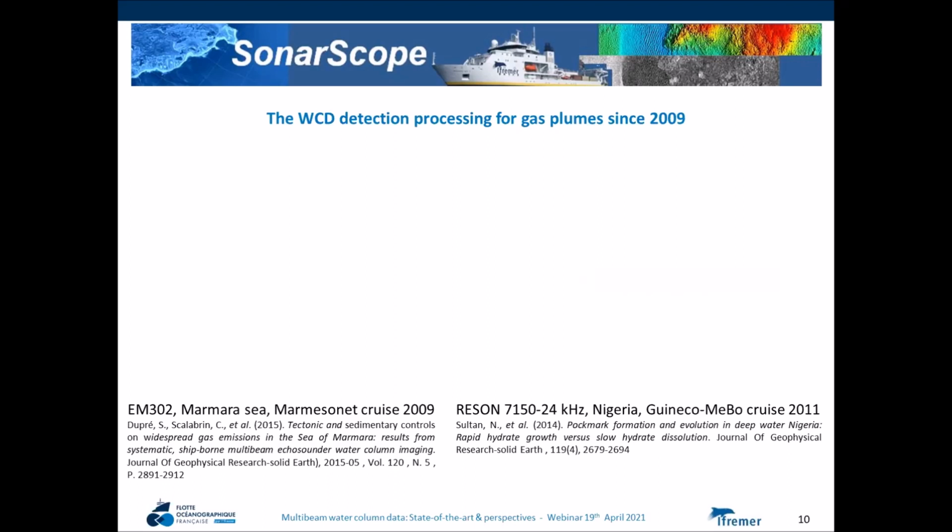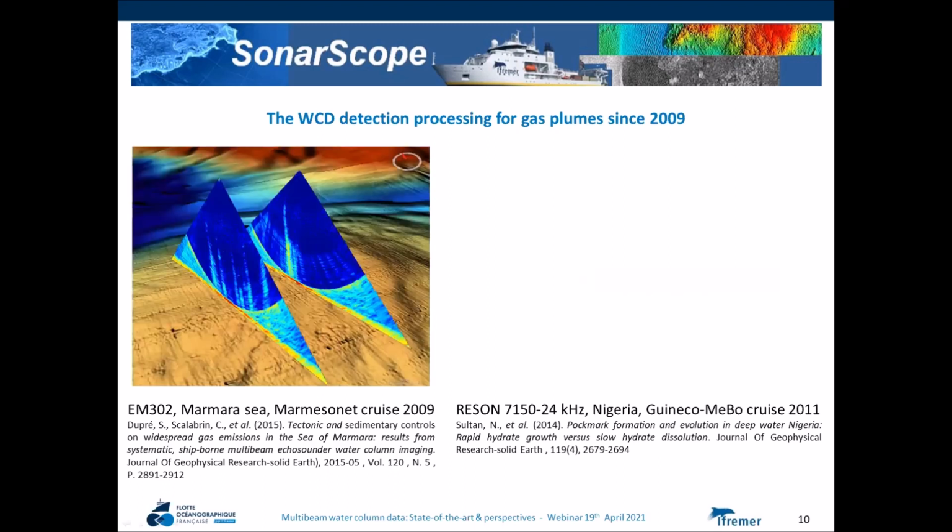Before going into details on the raw column data and how we process it, I would like to show you the main way Iframe uses this data. We started to use the water column data in 2009 with an EM302 on the research vessel Le Suroît in the Marmara Sea.